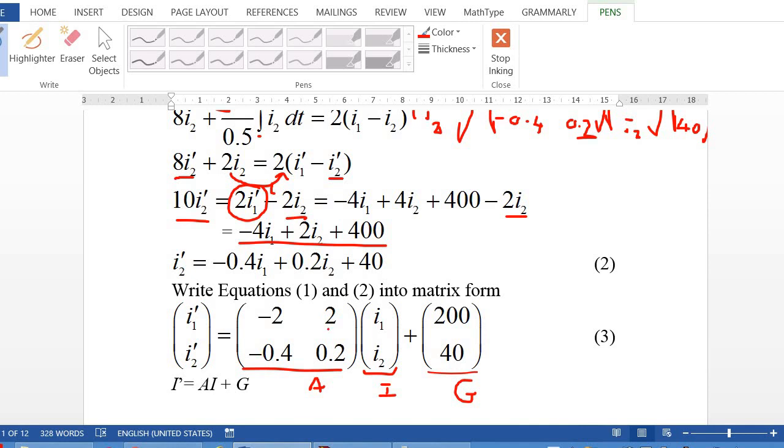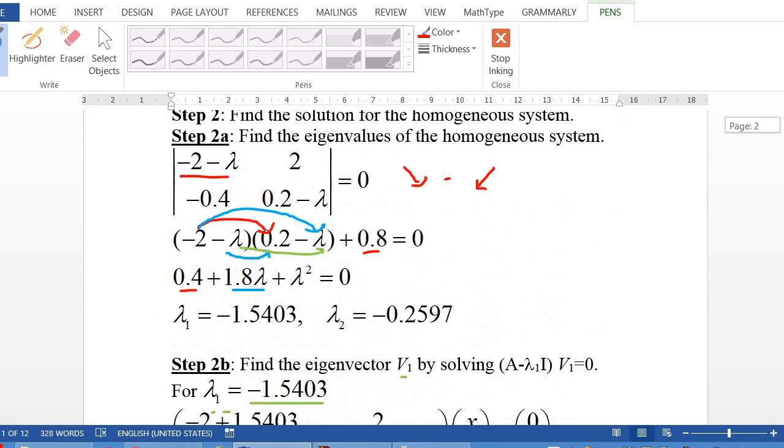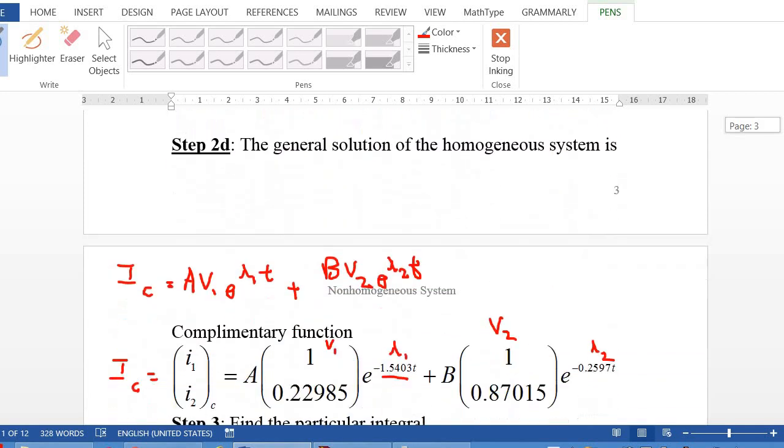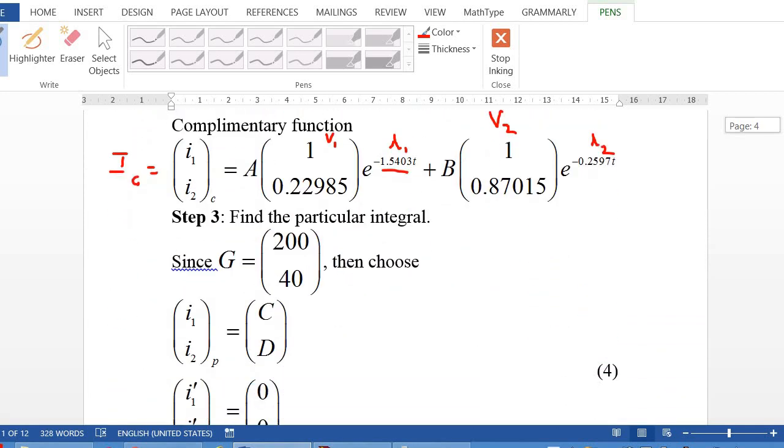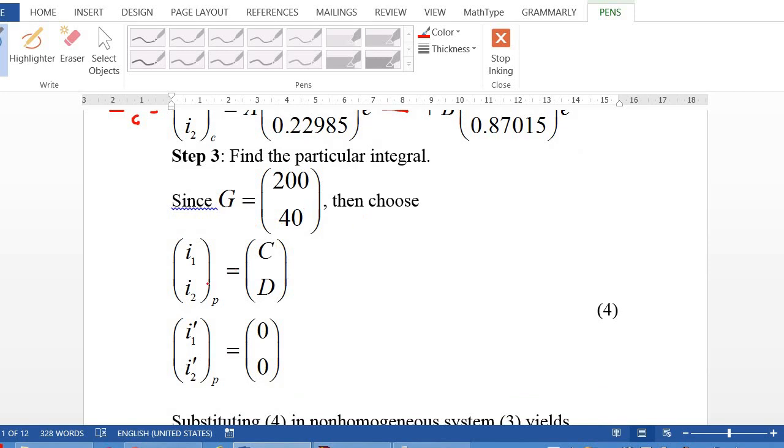After that, we use the undetermined coefficient method where we choose the particular integral IP based on the form of vector G. If vector G is a constant, then we choose the IP also a constant vector. Since G is constant, this is the IP, vector IP is also a constant vector.